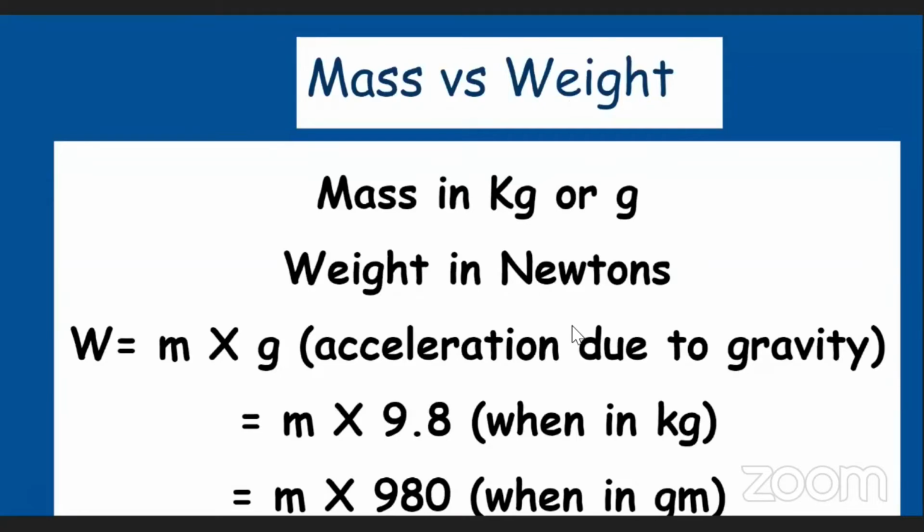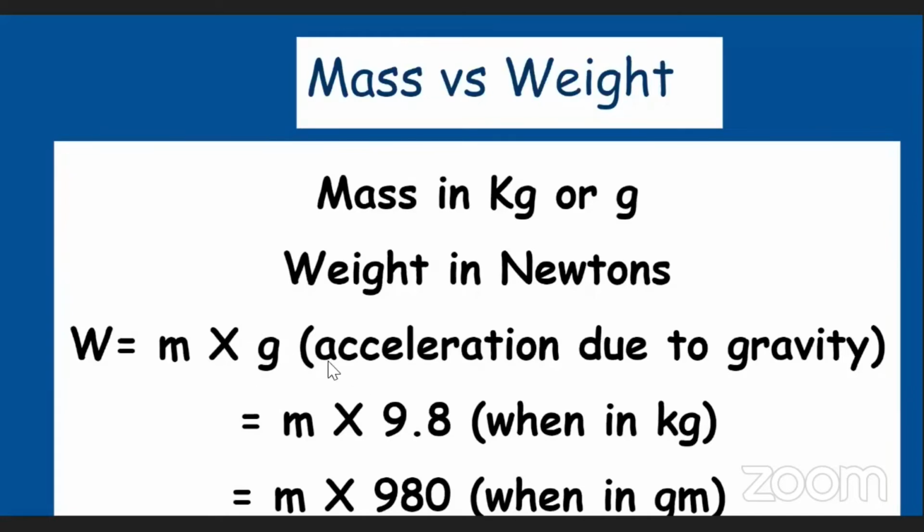Here I have also tried to differentiate between mass and weight, because at times many people are confused between these two. So mass is always measured in kilogram or gram. Mass is the quantity of substance, and weight is actually the pull of gravity, which is mass times g.